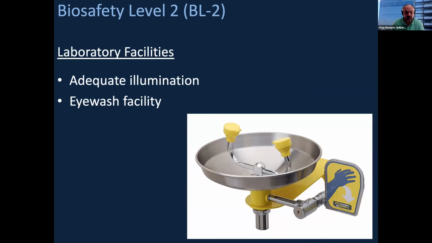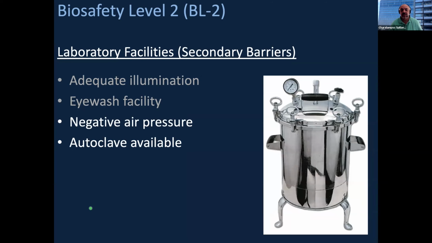Now, regarding the laboratory facilities, you already heard about that. We should have adequate illumination within our laboratories, and quite importantly, eye wash facilities, and you will find them actually in the corridors outside of the research laboratories. We do have negative air pressure, especially applied either in the fume hoods or the biosafety cabinets within tissue culture rooms.